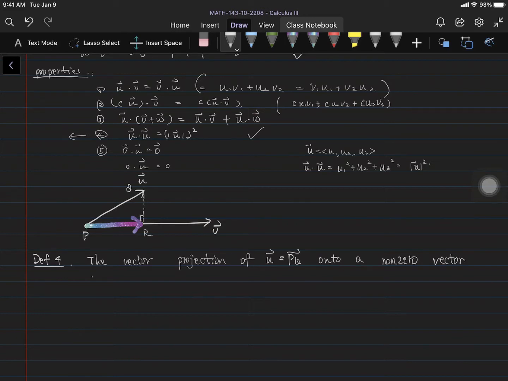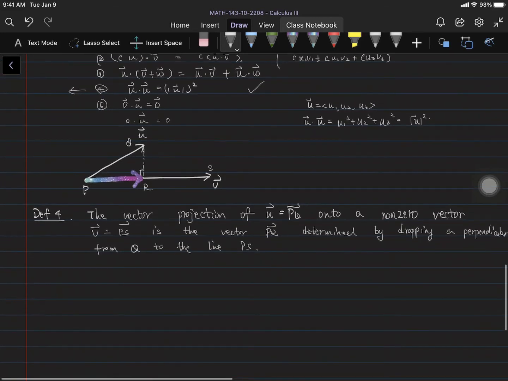Non-zero vector v equals PS, okay, is the vector PR determined by dropping a perpendicular from Q to the line PS, from the point Q to the line PS.